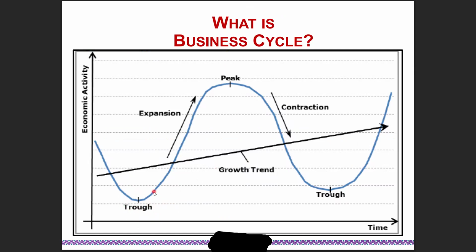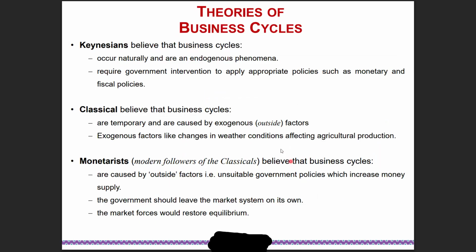And if they do not have income, they cannot demand goods and services, so consumption expenditure also decreases. So the classical believe that these occurrences are caused by exogenous factors which we do not have control over, which is why they are not saying that the government should intervene or do anything, because these are factors that we cannot control.